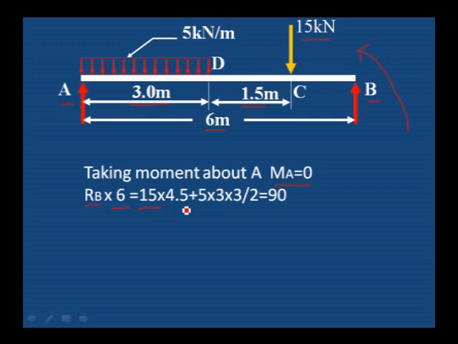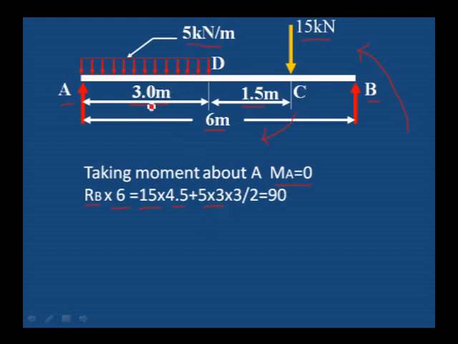15 into 4.5 is the moment due to the 15 kilonewton point load, which is in the clockwise direction. Then one more, the uniformly distributed load, as explained in previous session, 5 kilonewton per meter, we have to convert into the equivalent point load, 5 into 3, that is 15 kilonewton.